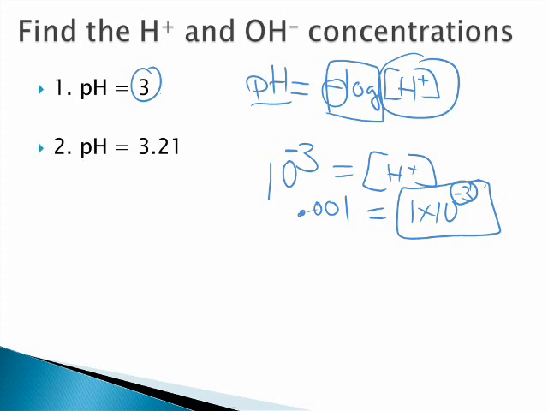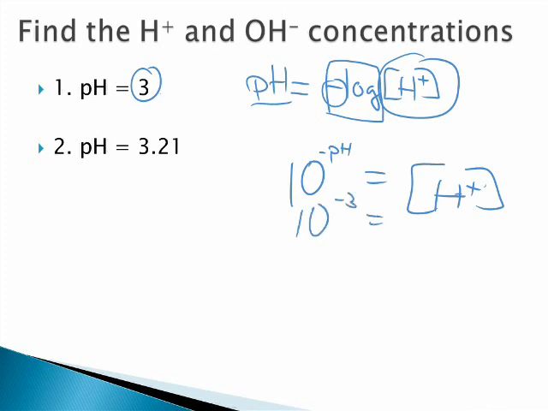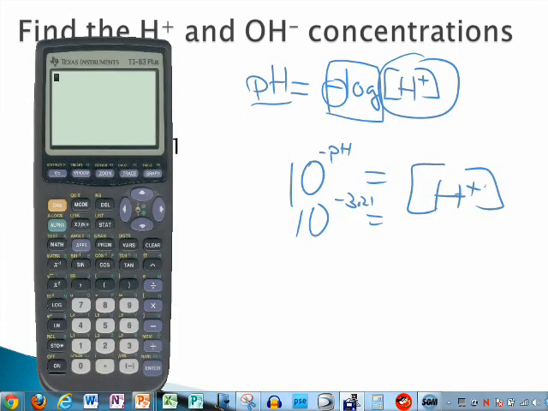Here's an example, 3.21. So let's put that in the calculator. Let's use this formula. It's really 10 to the minus pH will equal the concentration of hydrogen ions. So it's 10 to the minus 3.21.